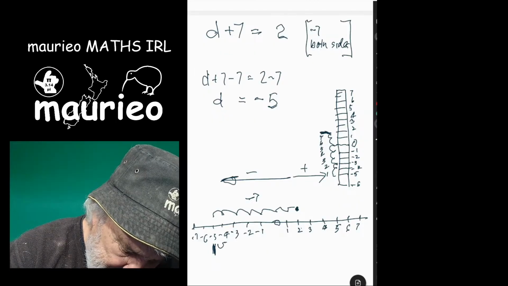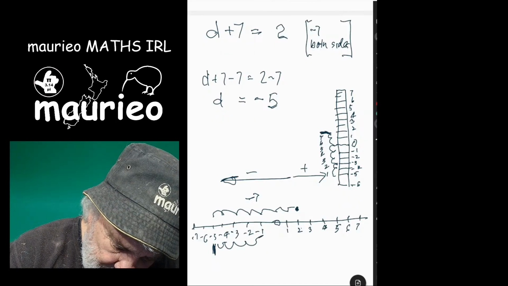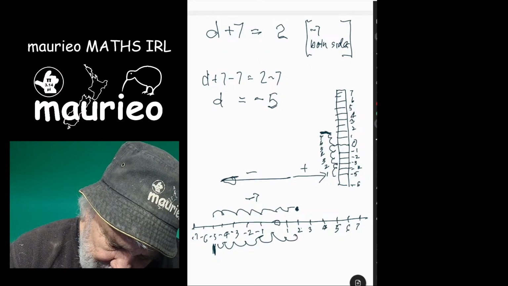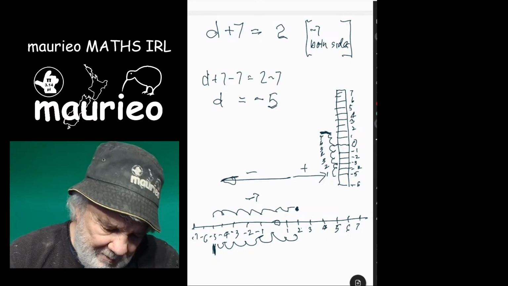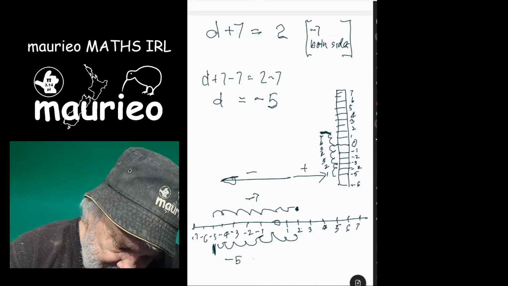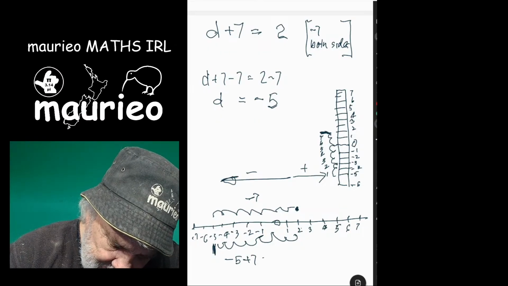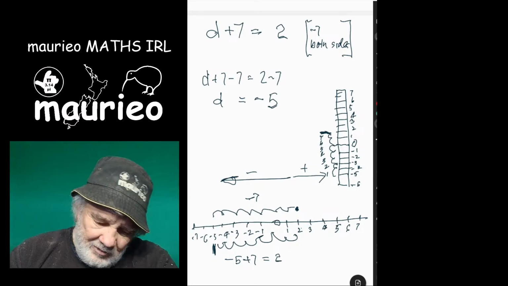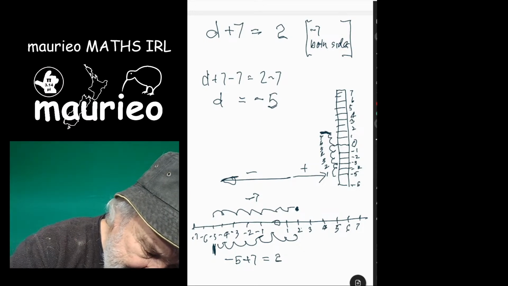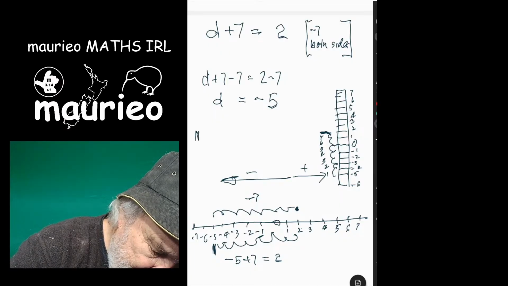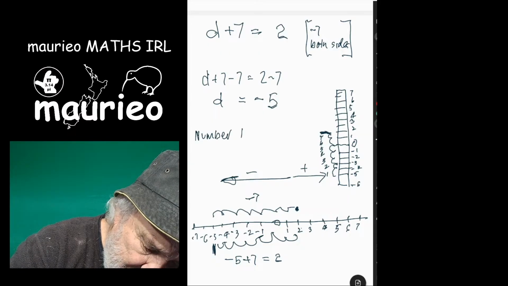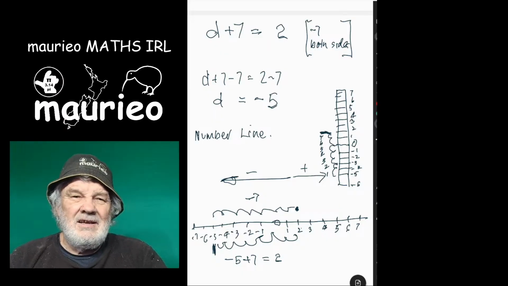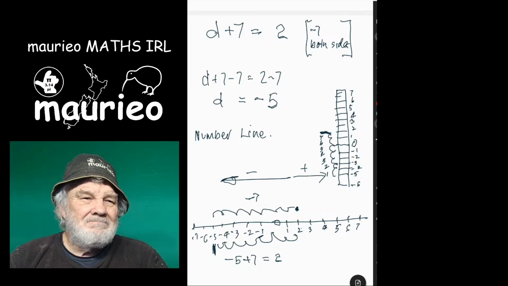We go 1, 2, 3, 4, 5, 6, 7, and yeah, -5 plus 7 equals 2. And so this is called the number line. Okay, so that's our number line.